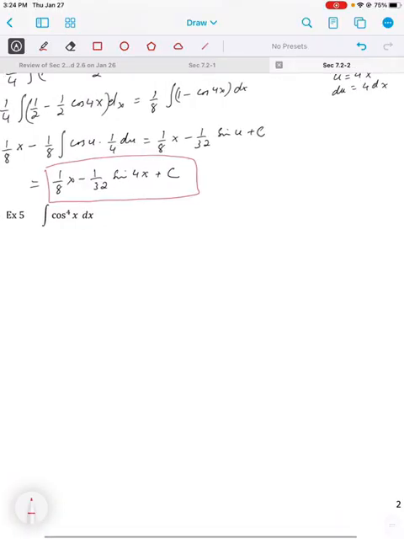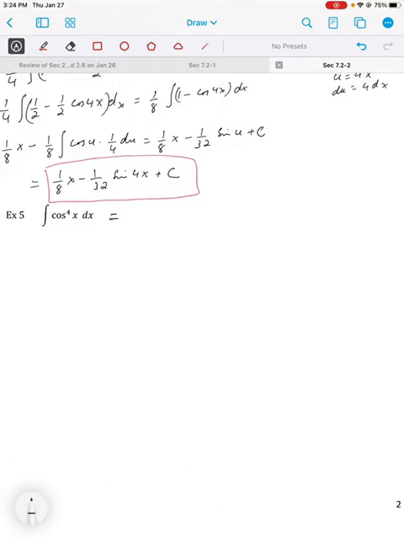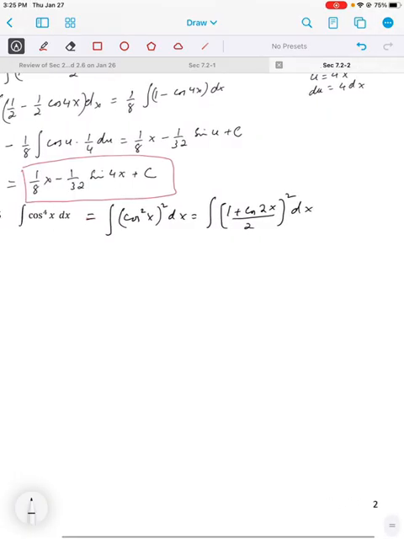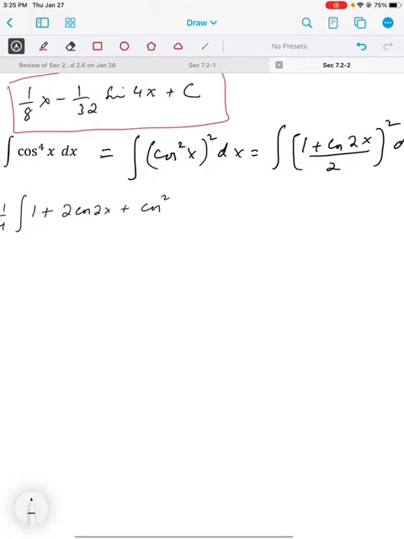This can be written as the integral of cosine square x, whole squared, so that is 1 plus cosine of 2x over 2, whole squared, which is going to be 1 over 4 times the integral of 1 plus 2 times cosine of 2x plus cosine squared 2x dx.